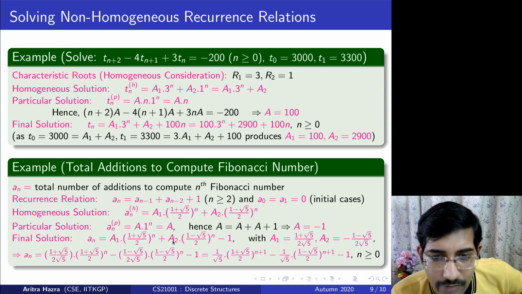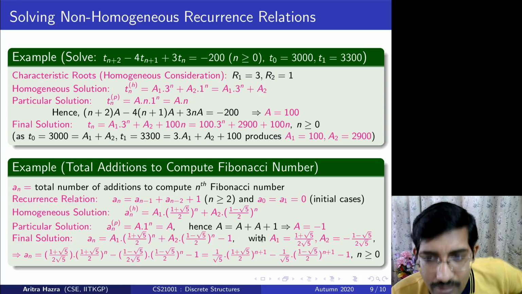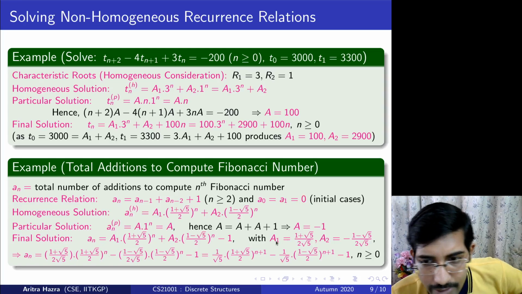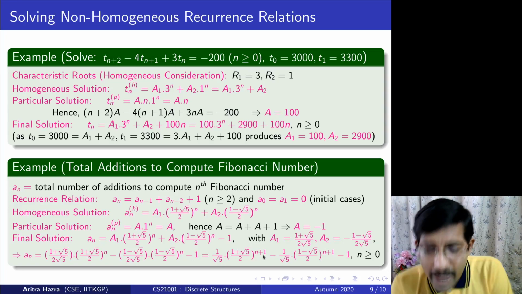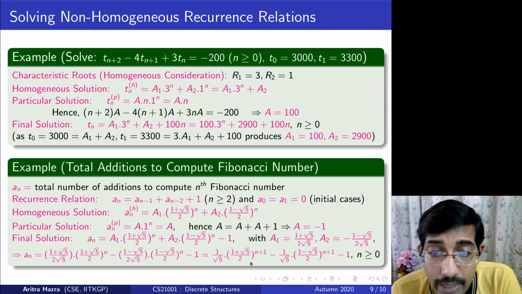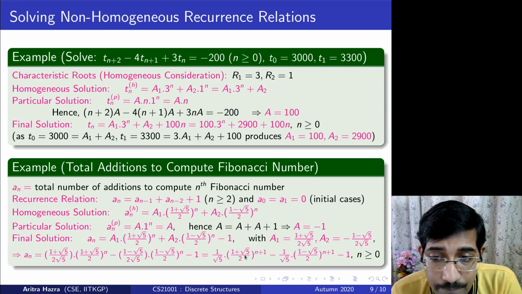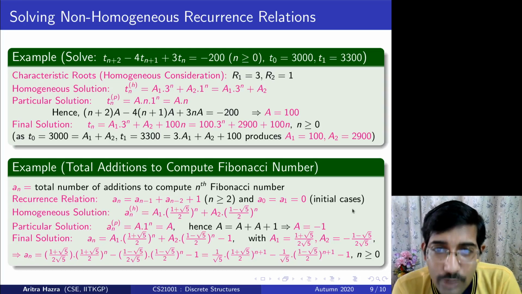Therefore, the final solution has this minus 1, where a1 and a2 will be this, because if I put a0 equal to 0, a1 equal to 0, I get a1 and a2 as this. It looks a bit clumsy, but this is the number of additions we need to compute the nth Fibonacci number using a recursive version. That's why the recursive version gives us an exponential number of additions, and your program becomes very expensive if you write it that way.